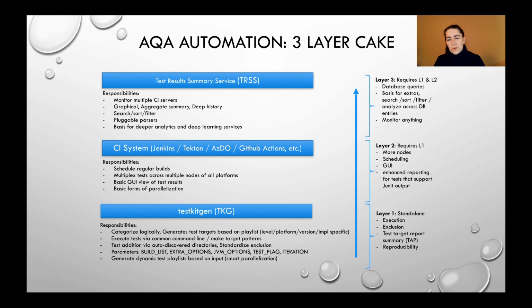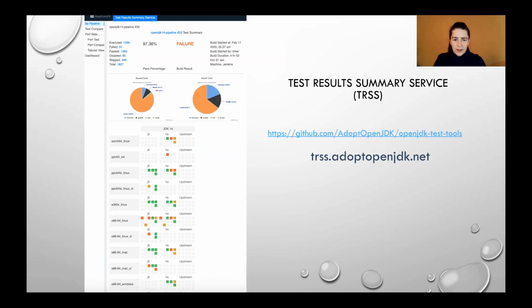This really allows me to deeply understand the behavior of the thing we're testing, and also allows me to triage extremely quickly. This is also the plug-in point for deeper analytics and some deep learning experiments that we're doing. So, quick view, you can actually go and look at the source code of what we have for TRSS.